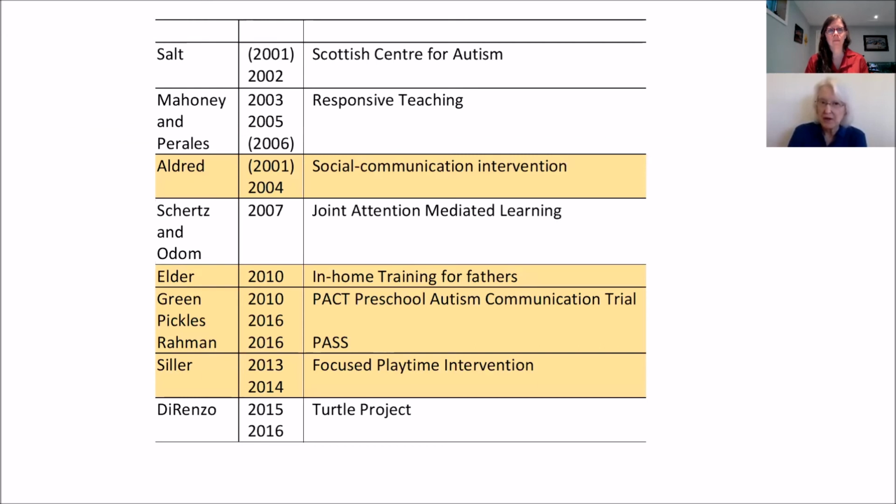There's one from Scotland, the Scottish Centre for Autism, Gerald Mahoney, Responsive Teaching, Aldred, Social Communication, etc. You can see them here. I'm not going to go into great detail because it's too much, but just a little bit about each one of these so you can see how they support the developmental approach.